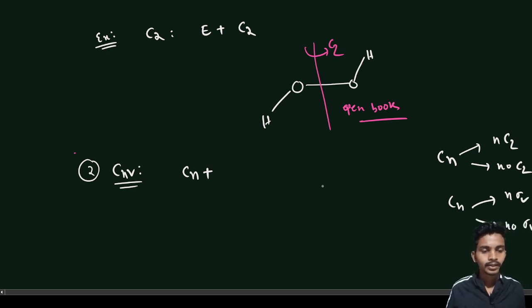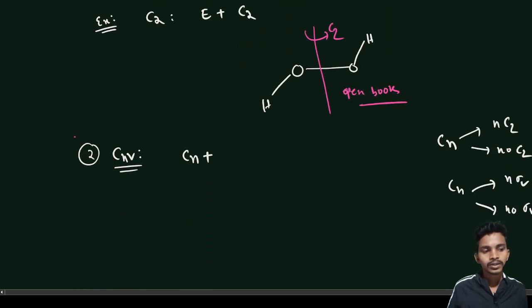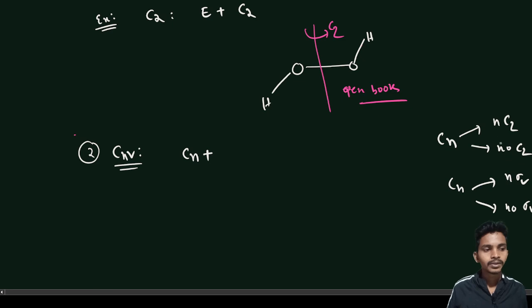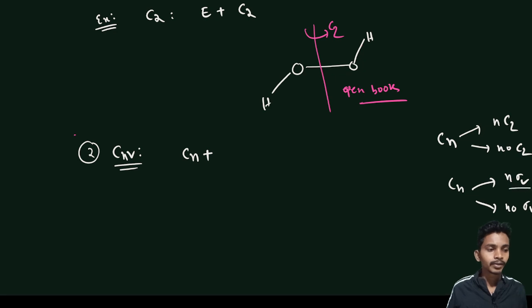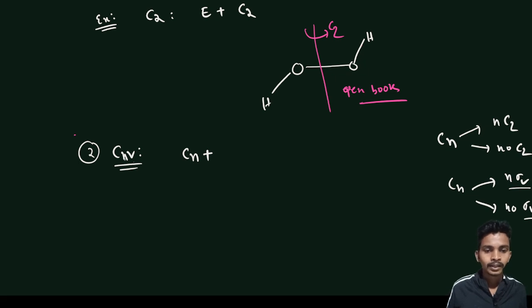Okay, so now Cn is present. If we get any C2, then we say n number of C2, otherwise no C2. If we get any sigma, then n number of sigma v, or if we do not get anything, then no sigma v. So in these molecules, v is there, meaning I have written n and v. Whenever Cnh, h is there, here Cnv, v is there.